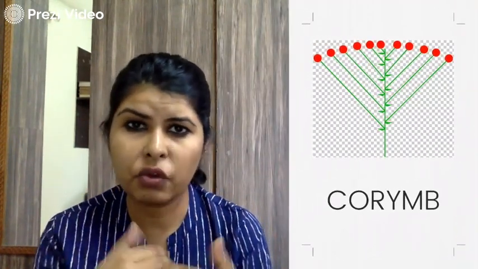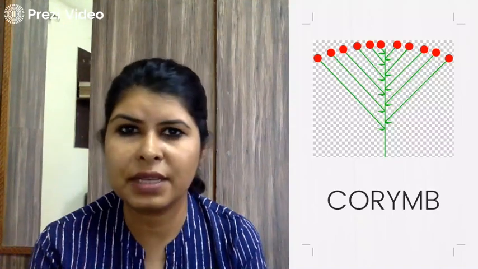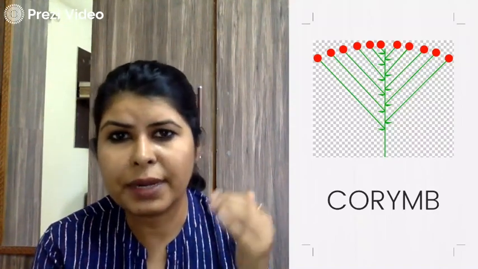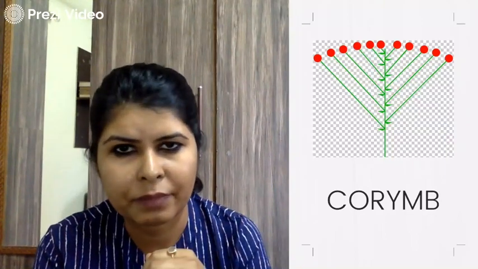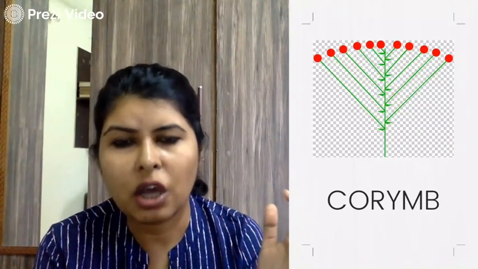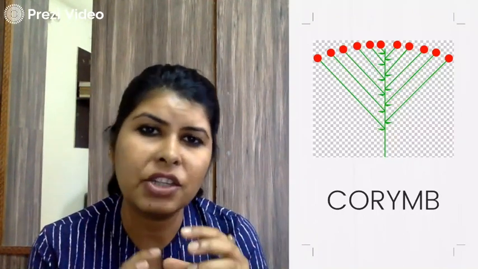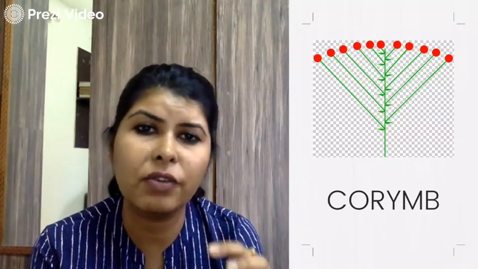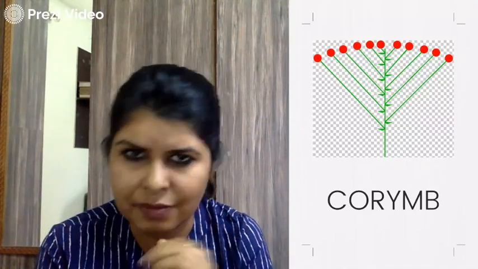Beginning with the corymb type of inflorescence, what we observe is that the size of the peduncle now starts to get slightly condensed. As the stalk or peduncle starts to get slightly condensed, we see a change in the length of the pedicel as well.